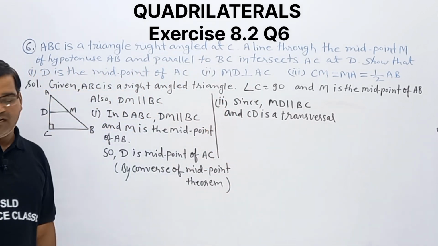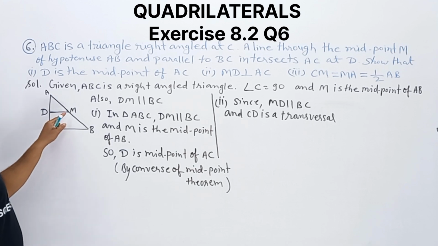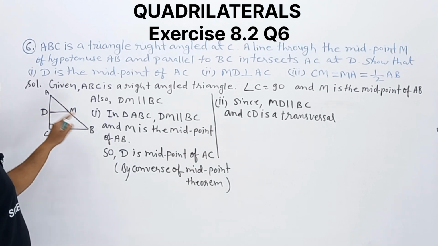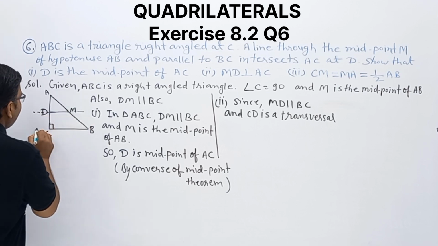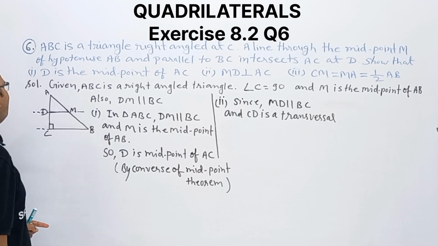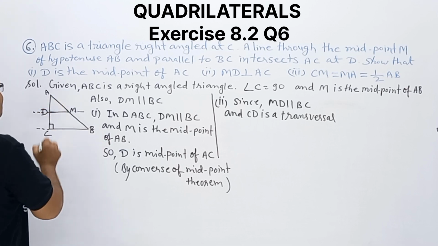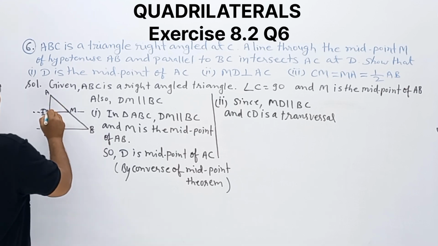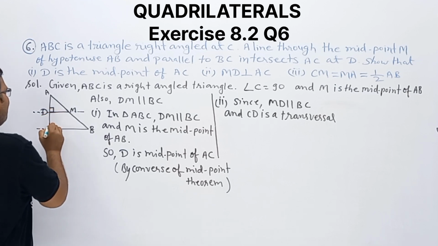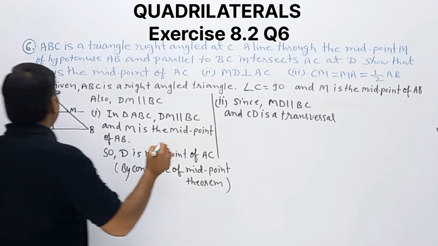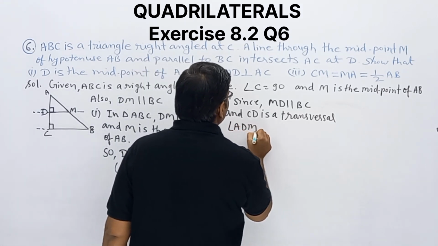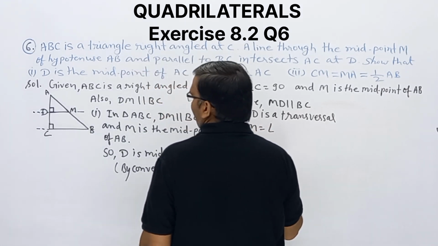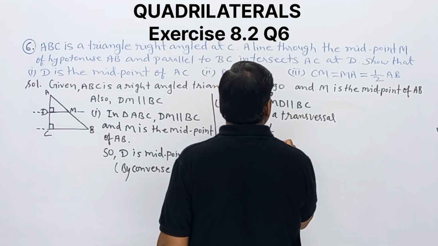Since MD is parallel to BC, no doubt, this thing we are having in the question. DM or MD, both are same. We are considering that MD and BC are parallel lines and CD is the transversal. That time this angle equals this one. Angle ADM equals angle ACB.